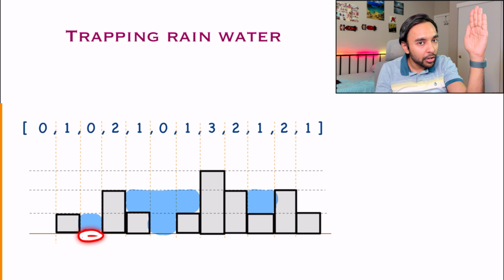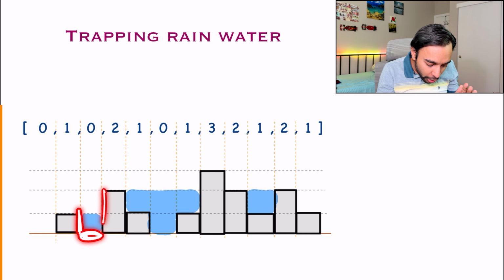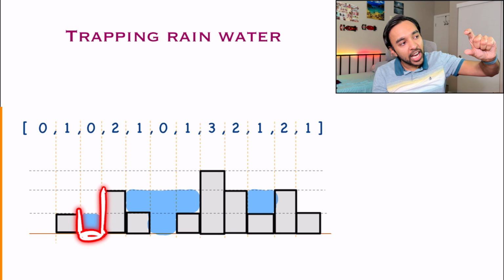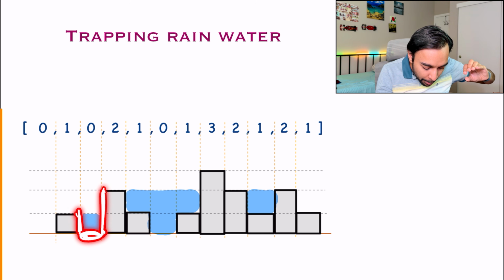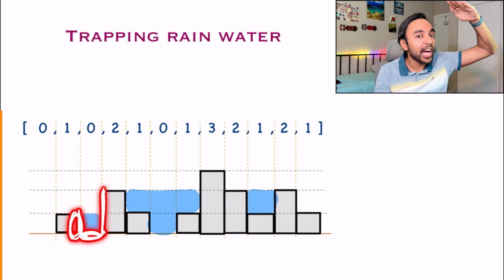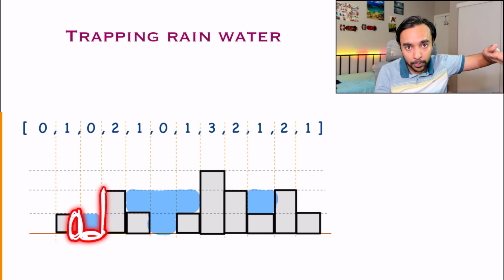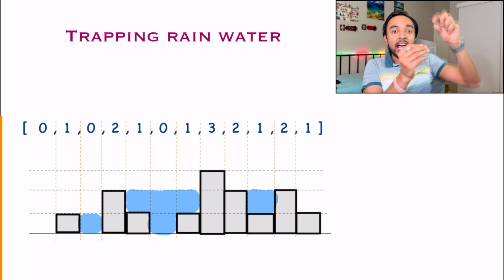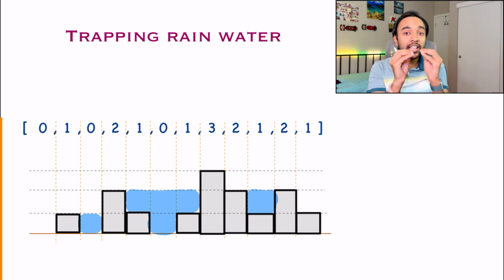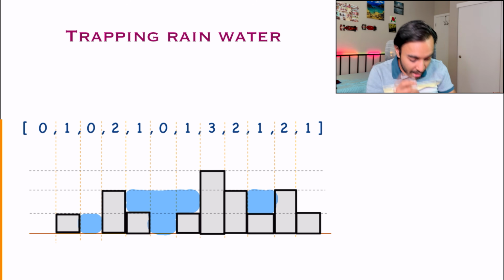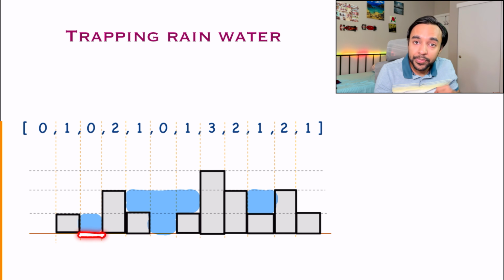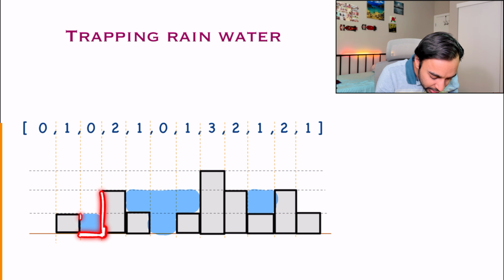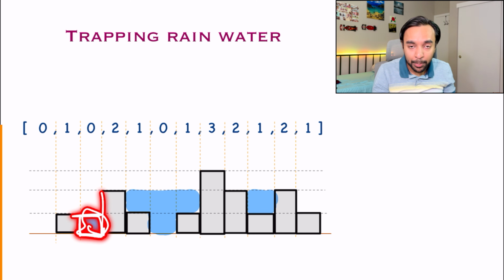You have a wall on the left and you have a wall on the right. You know that you will only trap up to the minimum height, because for any height greater than this, the water will just flow. This is giving you the height that you can trap. And how much water can you trap above the ground level? If you are at ground zero, then simply high minus low, and this is the water you are trapping.